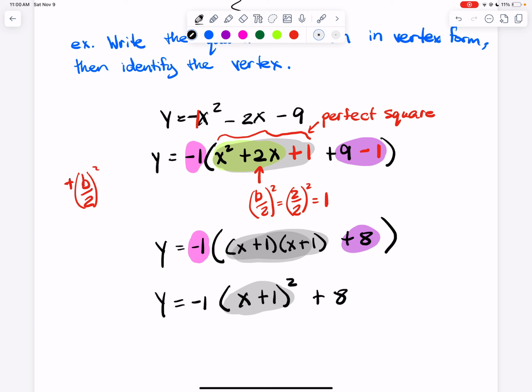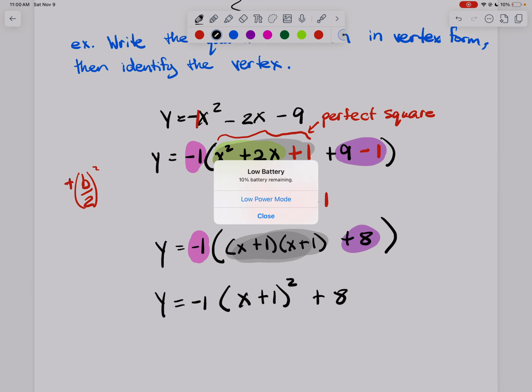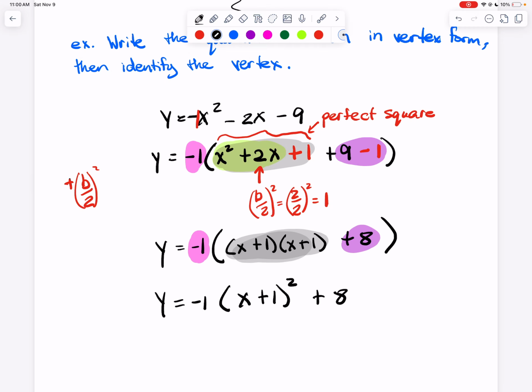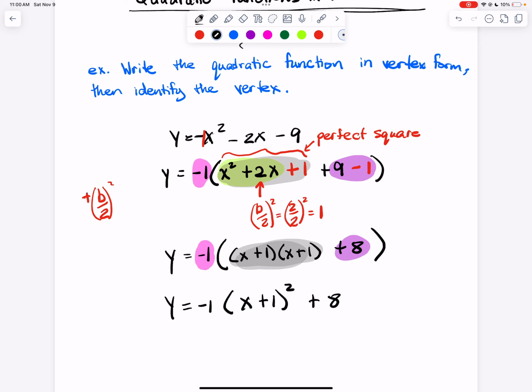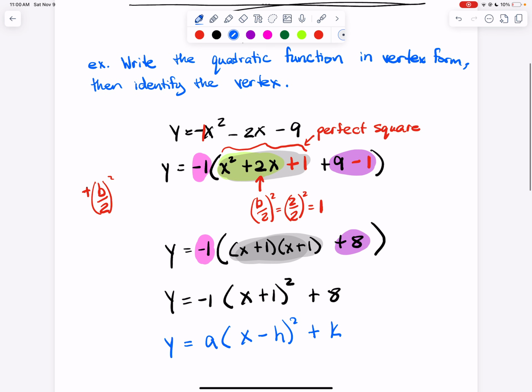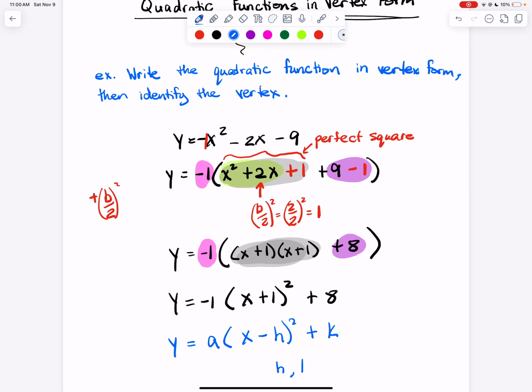And now notice we have something that looks exactly like vertex form, and it is exactly vertex form. From there, you may recall that for the vertex form of an equation, y equals a(x minus h) squared plus k, the vertex is (h, k).